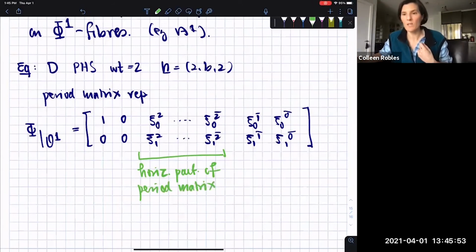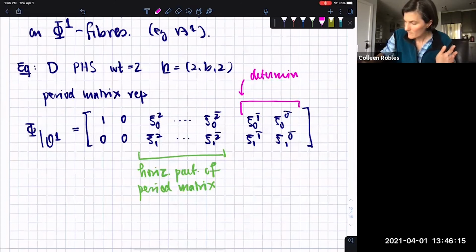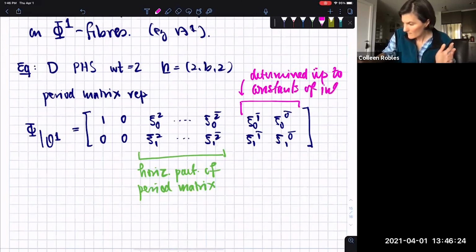Okay, and that's something that you can check directly and easily from the basis I initially set this example up in last time. Okay. So this stuff is not horizontal, but the IPR says it's determined up to constants of integration by the horizontal part. So I'm going to think of it as being constant because once I know what's going on here, this is discrete data.